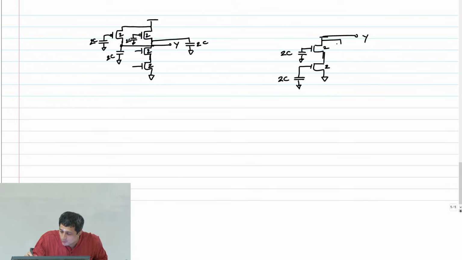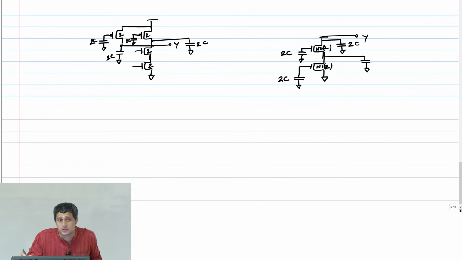Now I'm going to put one gate capacitance, drain capacitance here, 2C, right? The source of, let me call it N1, N2, right? This is the sizes. The source of N2 is going to have a capacitance of, yeah, 2C again, right?